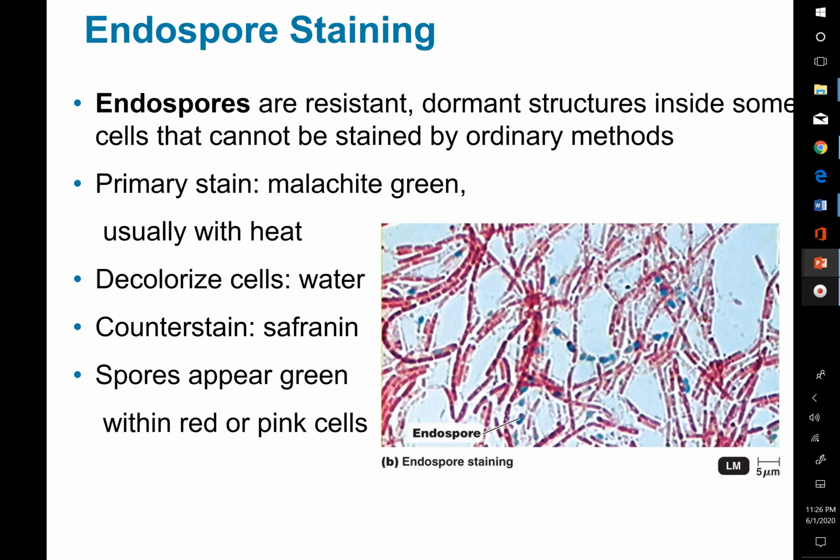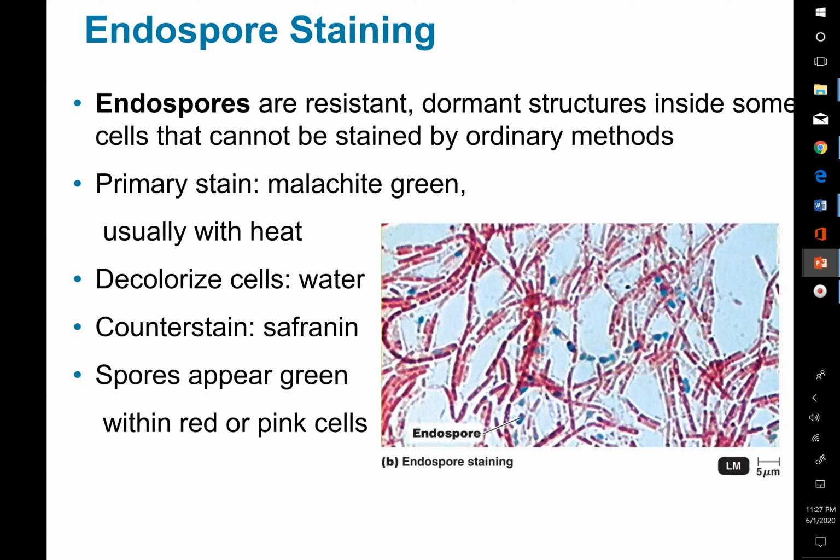If you do a gram stain on this bacteria, what would happen with these endospores is they would be unstained. And you might be able to kind of see the outline of them. You can actually see it here in some of these where they didn't quite take up the stain. You see this little white hollowed out area in some of these rod-shaped bacteria. So that's what happens in a gram stain.